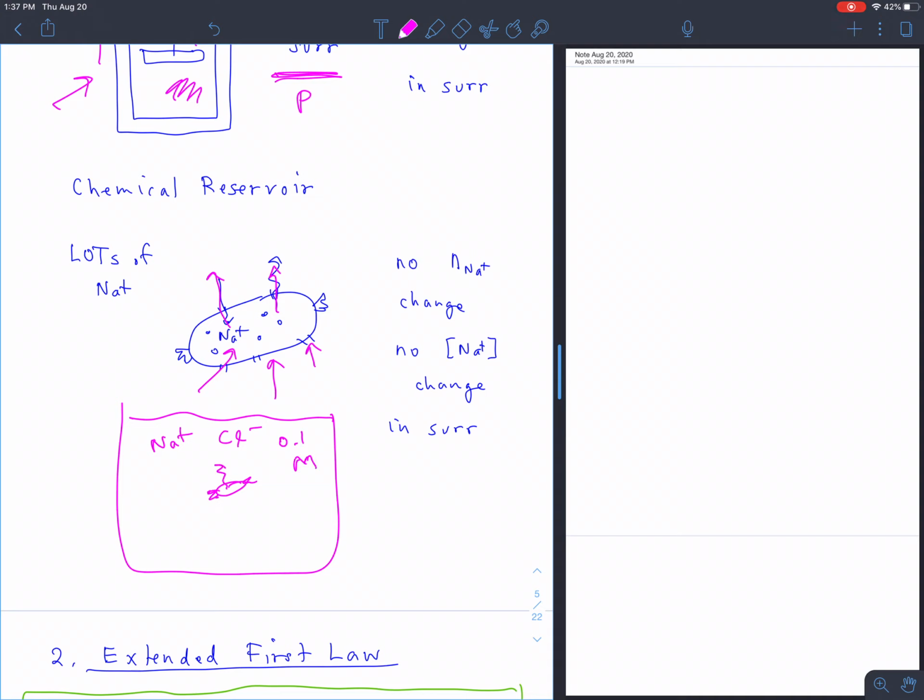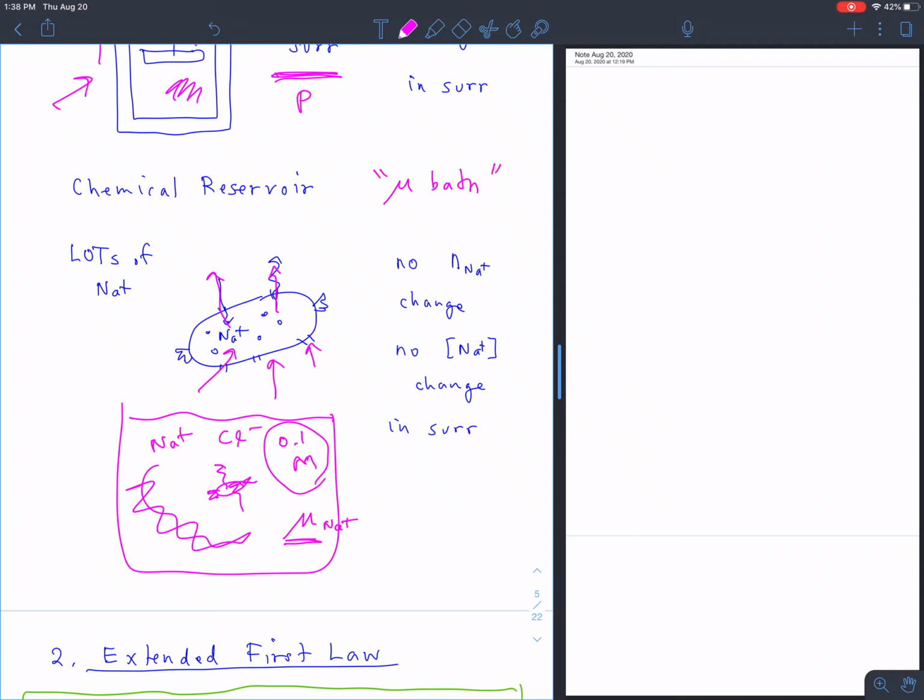A little bit of salt coming in or going out of your dialysis bag is not going to change, well, it's not even going to change the concentration, but it especially won't change the chemical potential for sodium plus outside in the environment. And that means that this outside stuff acts as a chemical reservoir, or a chemical potential bath is another name for it.